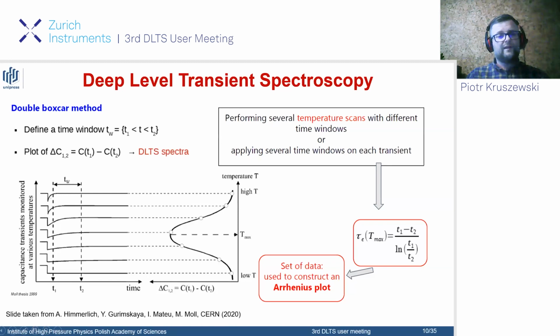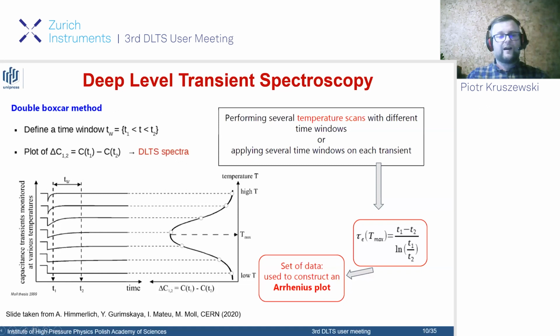If we are working at very high temperatures where the process is fast, this difference will also be zero. But at some intermediate temperatures, we should of course observe some maximum, some peak with a maximum at a special temperature, T max.